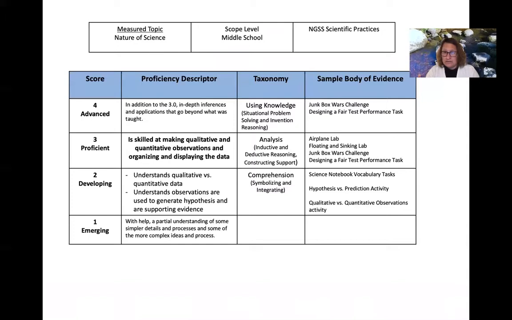So then you'll notice that I chose some scales that would go with this unit, and I filled in the body of evidence of things that the students were going to be doing to collect evidence of their learning for this particular instructional goal. This is one of them. There's about 5 scales in this particular topic study that I would have pulled and chosen.